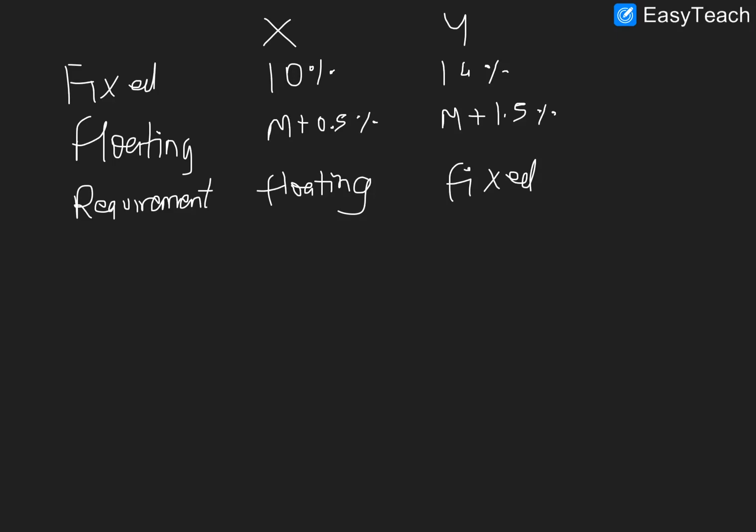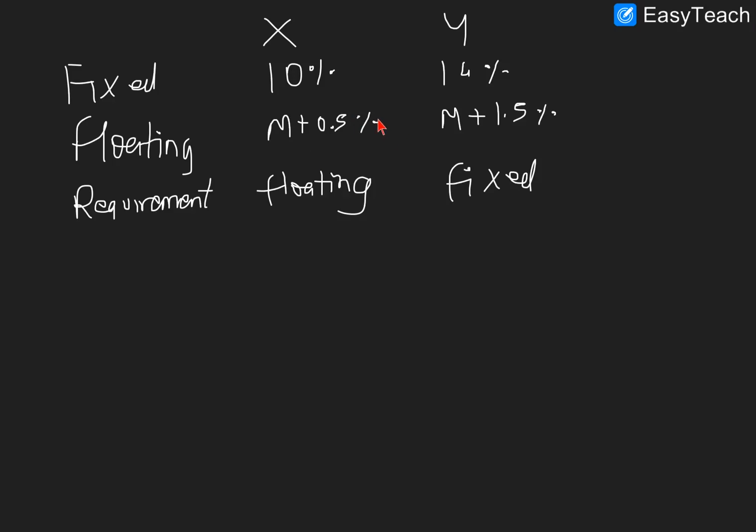Now obviously many of you would be thinking, sir, in both the cases, fixed rate 10%, floating rate MIBOR plus 0.5%, X is having an advantageous position and Y is always in a disadvantageous position. So X should simply take a floating rate at MIBOR plus 0.5%. And I don't think that there should be any swap gain.